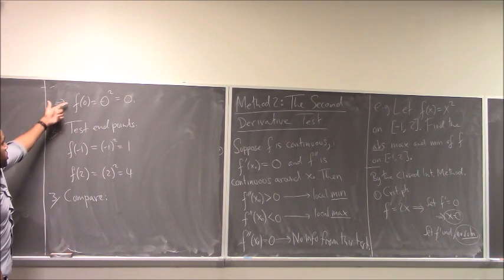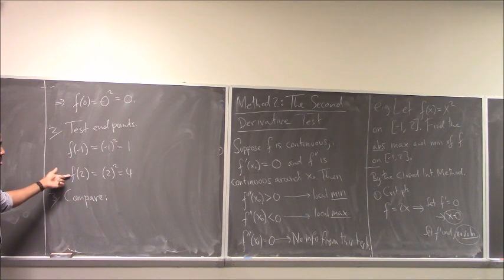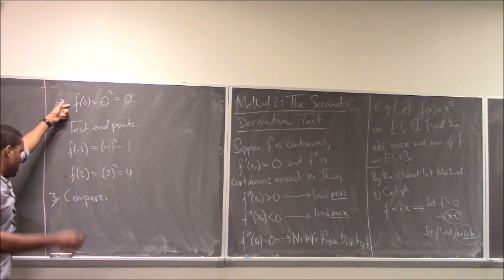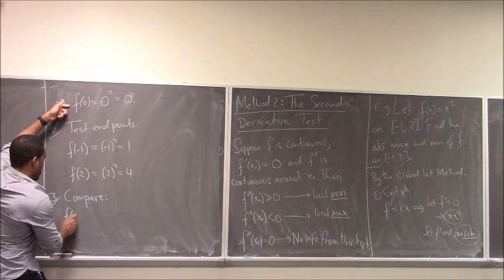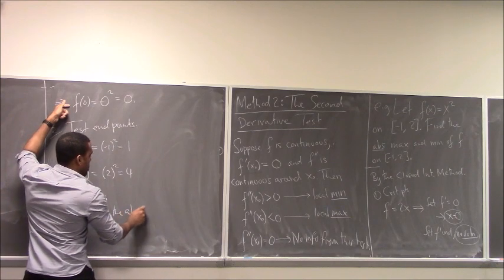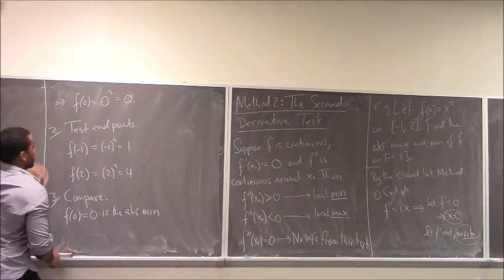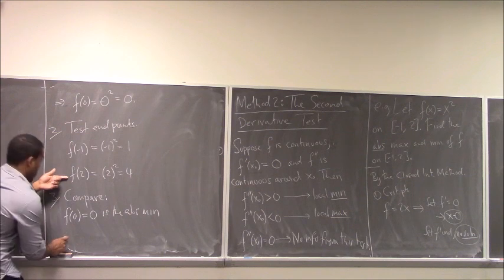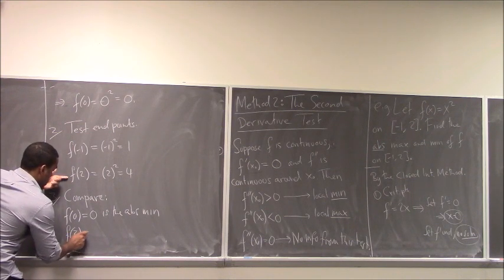Right? These are my 3 y values of consideration. The smallest one is what? 0. 0 is the smallest one, so you literally write that down. F of 0 equals 0 is the absolute minimum. The largest is 4. So you would write f of 2 equals 4.